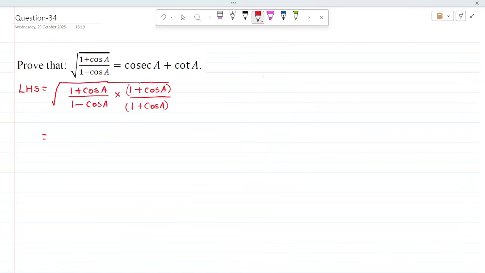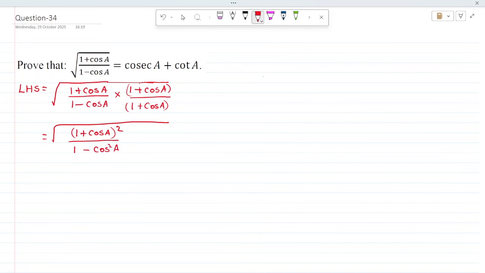Now what you will get? Root of, in the numerator, 1 plus cos A the whole square divided by 1 minus cos A into 1 plus cos A, 1 minus cos square A, because it is A plus B into A minus B.